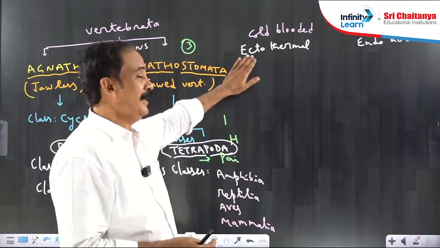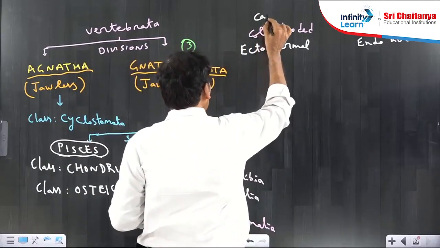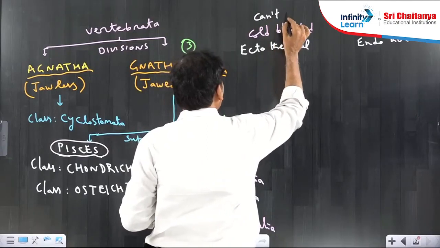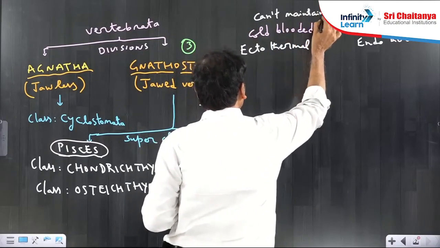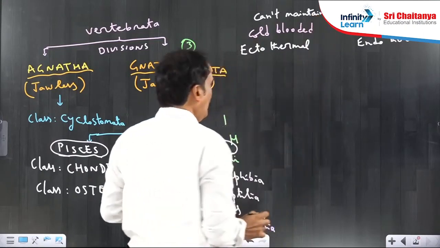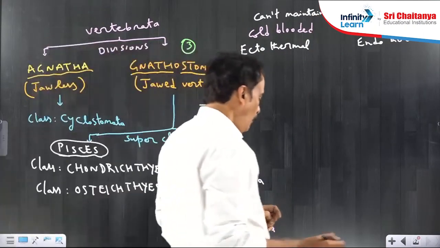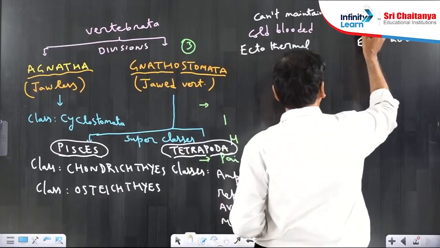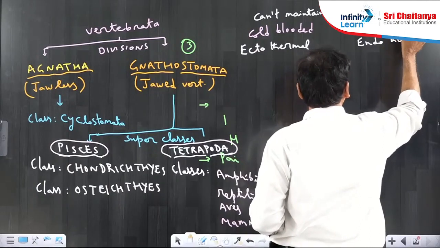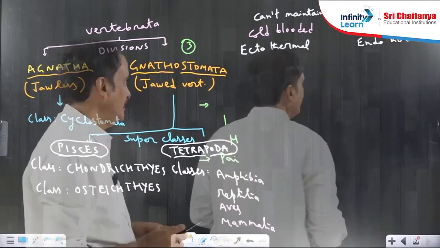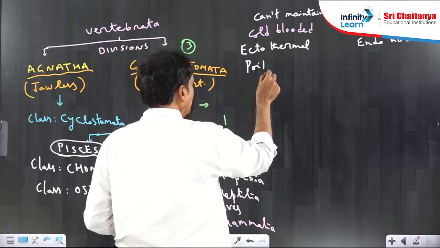They cannot maintain a constant temperature. Their temperature gets altered based on outside temperature, whereas warm-blooded animals can maintain a constant temperature.